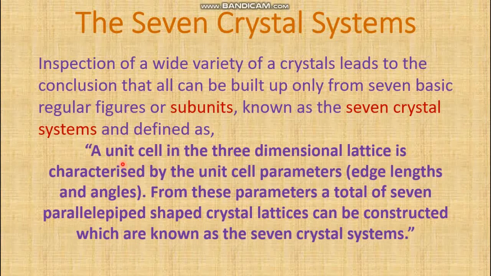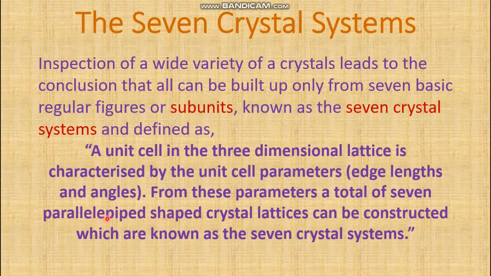Its definition is a unit cell in the 3-dimensional lattice is characterized by the unit cell parameters. Unit cell parameters, just we have learned that these are the edge lengths and angles. So that is why cell parameter term we have learned earlier. This is required here. Okay, from these parameters a total of 7 parallelepiped shaped crystal lattices.